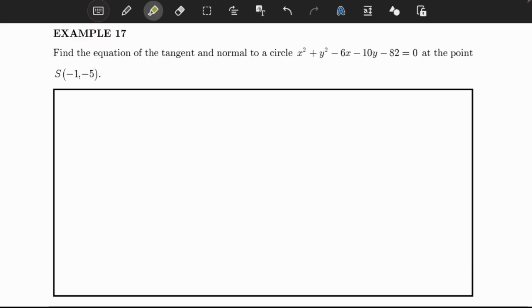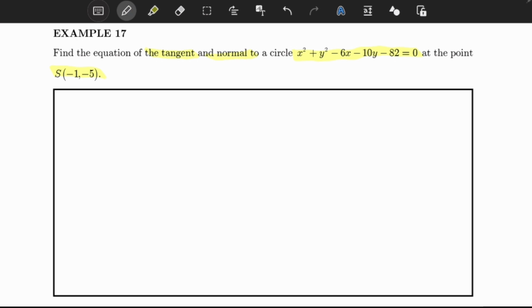In example 17, find the equation of tangent and normal to the circle x squared plus y squared minus 6x minus 10y minus 82 equal to 0 at point S, -1, -5. Here we need to determine the center of the circle first.